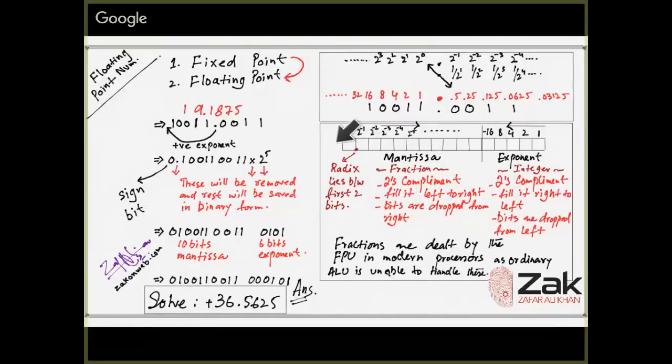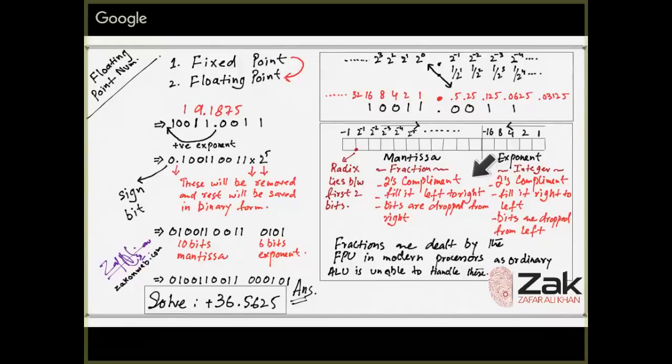Now, Mantissa is always in fractions, because of the formation of Mantissa, which we will talk about a bit later, and exponent is always an integer. What is exponent? Exponent is the number of times we move the point from its original location left or right.